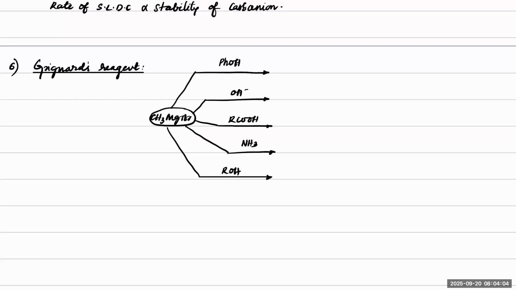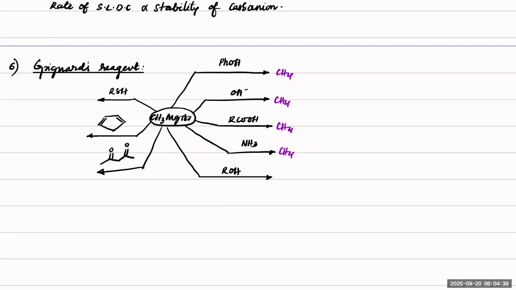And even if you have RSH, and even if you treat with cyclopentadienyl, and lastly if you have beta diketones, in all these cases, right beta, because R minus is strongly basic in nature, it can give you CH4 by taking H plus.